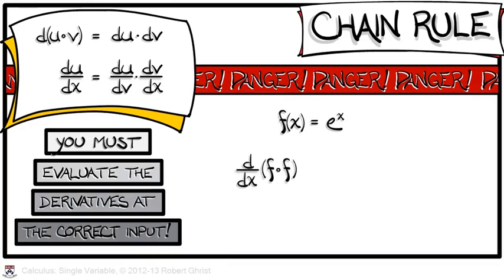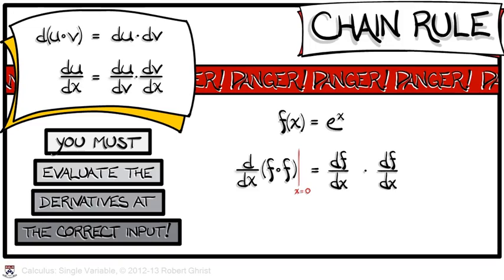What is the derivative of f composed with itself? Well, according to the chain rule, it should be df/dx times df/dx. Well, that's not exactly what it is, because we have to be careful about the inputs.